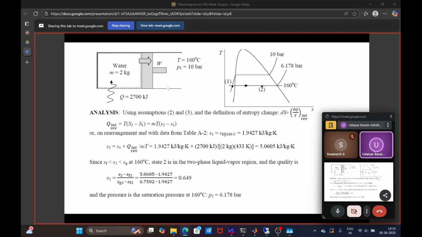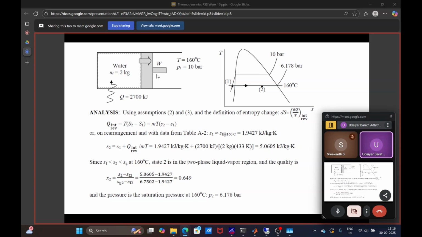How do you solve this? This is an expansion process, so you can equate it to a piston cylinder arrangement, where initially you have 2 kg of water, heat comes in at 2700 kilojoules, the initial temperature and pressure are known, and it is doing some work.